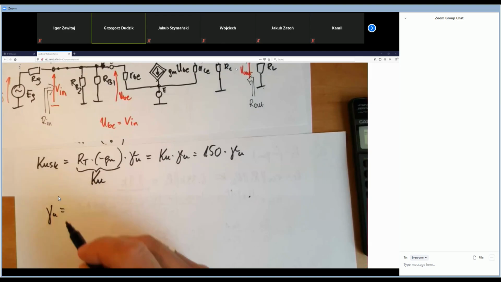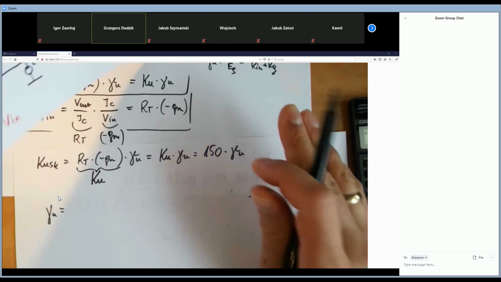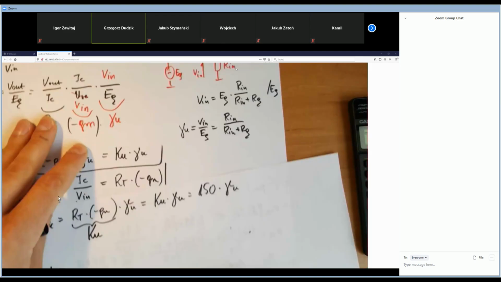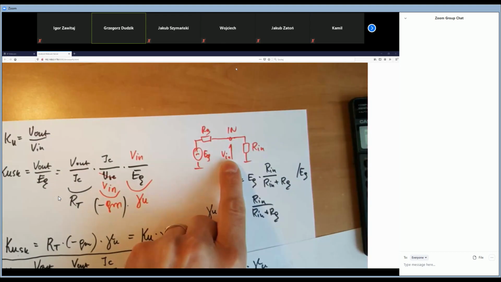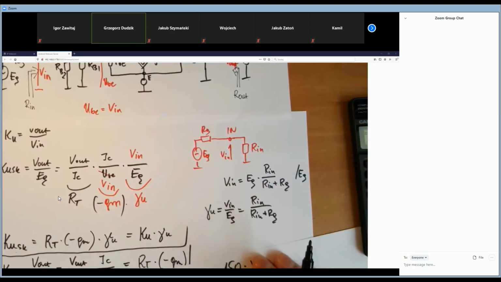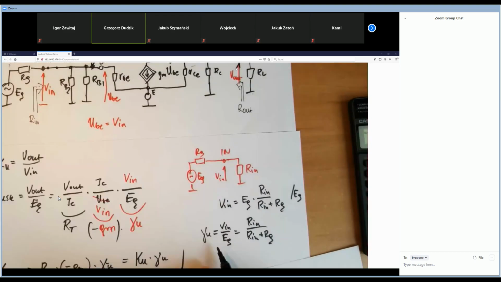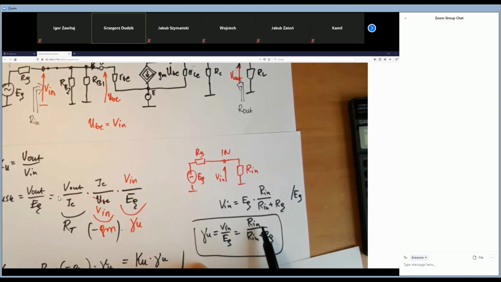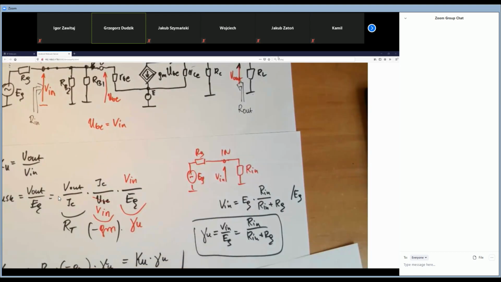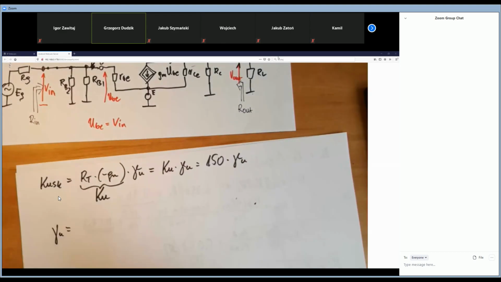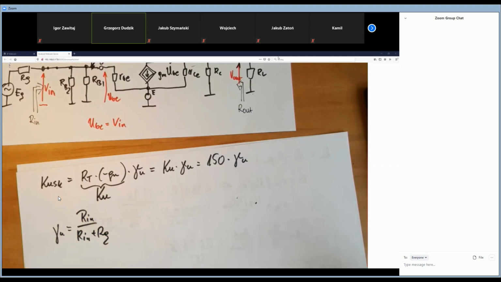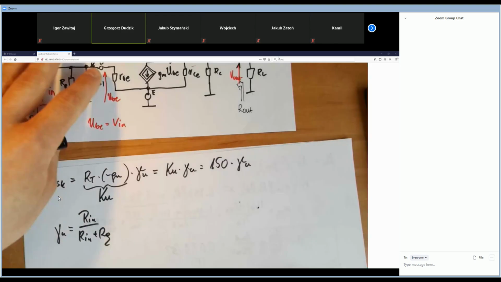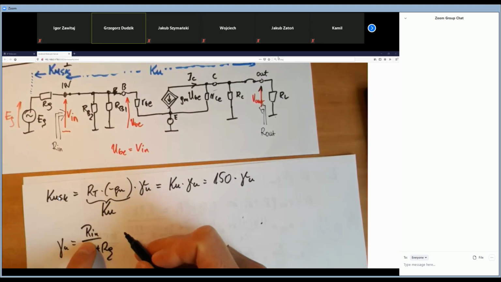Gamma U is equal, as I told you previously, to Rin over Rin plus Rg. This is just the voltage divider, in fact, on the input. Okay, we haven't got the Rin.